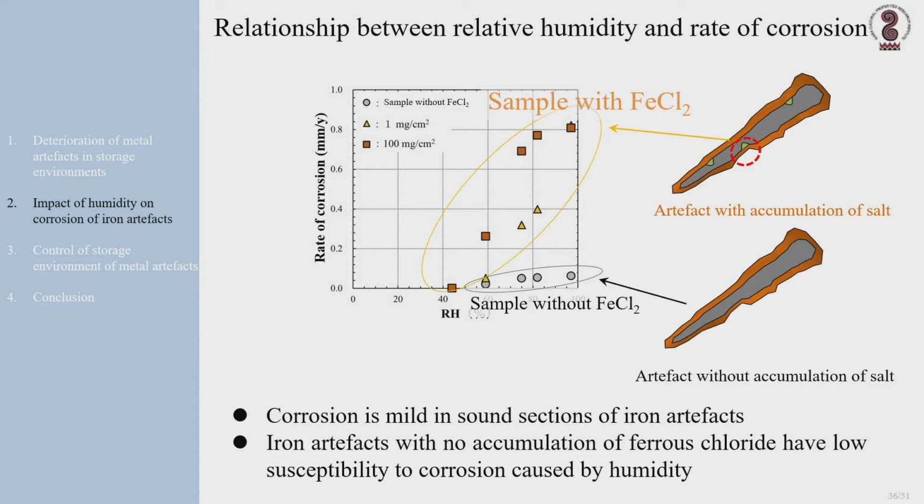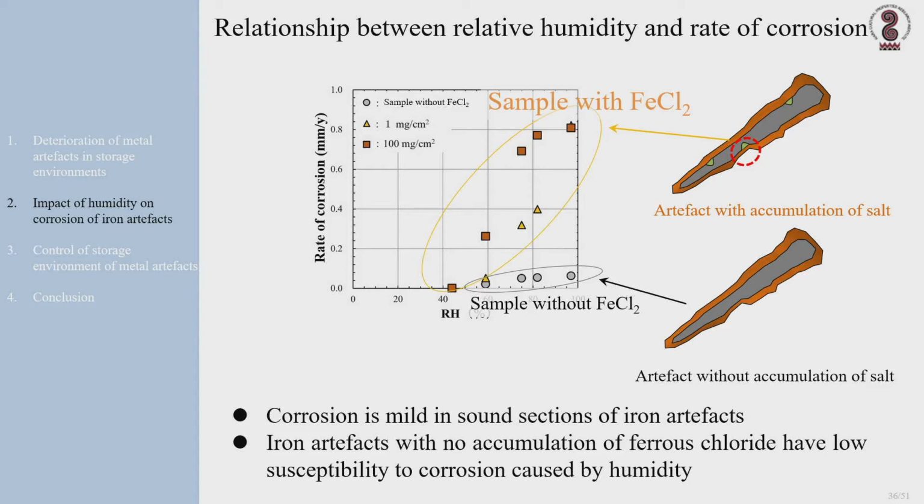The horizontal axis is the relative humidity, and the vertical axis is the rate of corrosion. The amount of iron chloride on the artifact that causes corrosion is changed in the experiment. An increase in the rate of corrosion as the relative humidity increased was observed on samples with 100 milligrams per square centimeter of iron chloride.